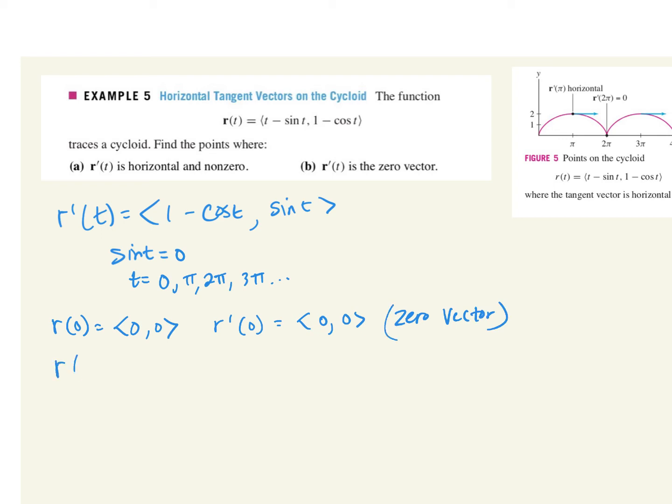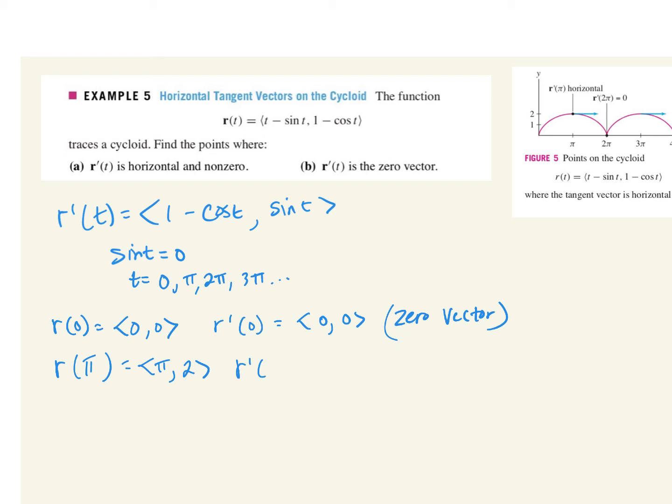Whereas if I do r of pi, just as another example, in the original, pi minus sine of pi is 0, but I still have that pi in there. And 1 minus cos pi, that's 1 minus negative 1, that's 2.